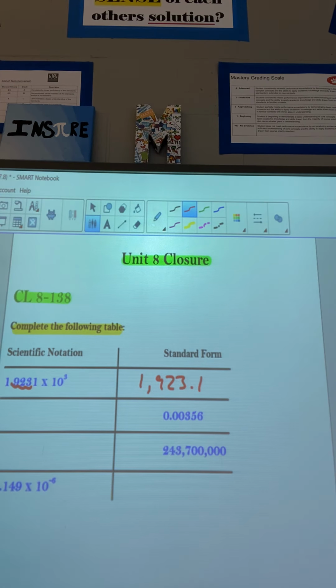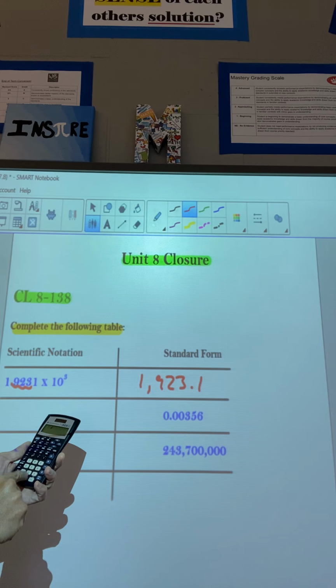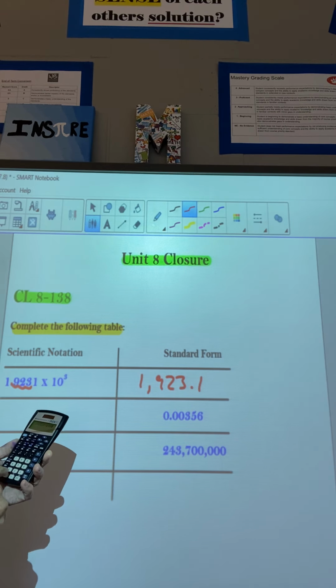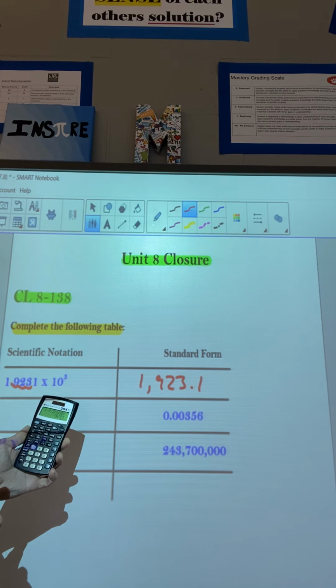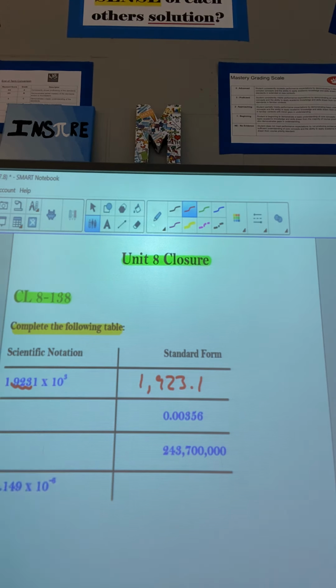Now, if you're going, wait a minute, how is that possible? We can get on a calculator and do 1.9231 times 1,000, and that should tell you that you get 1923.1, if you were unclear.